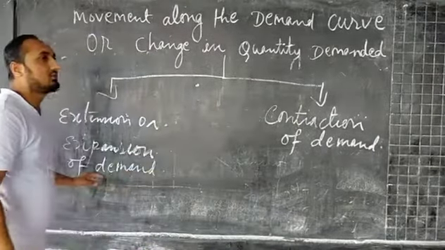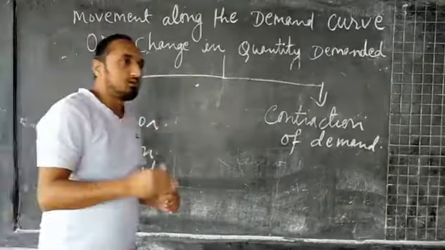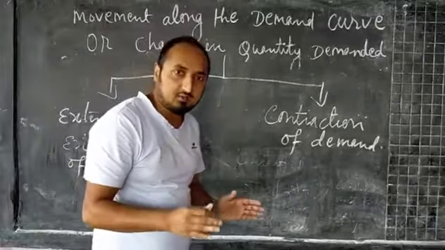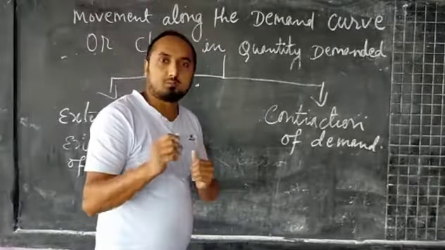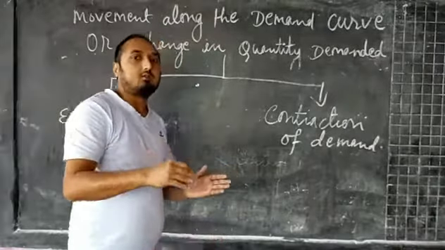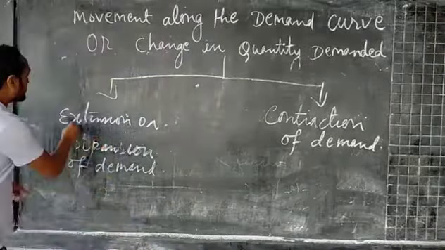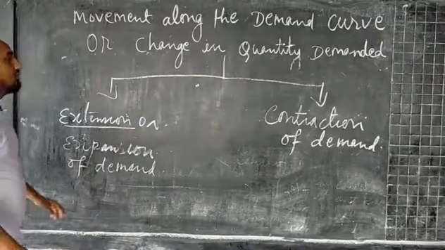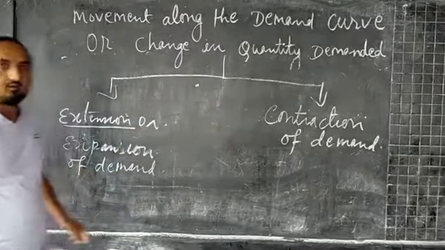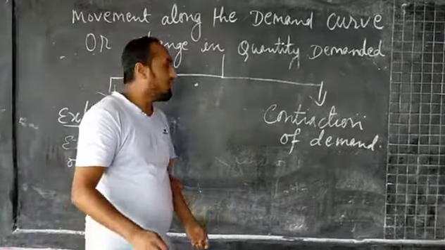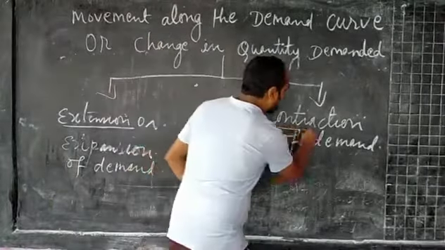Extension of demand means when the quantity demanded of a commodity increases due to a fall in price of the commodity, other factors remaining constant. That concept is known as extension or expansion of demand. Next we have contraction of demand.